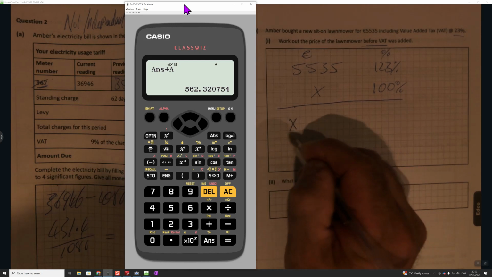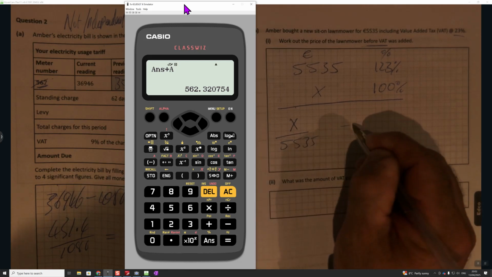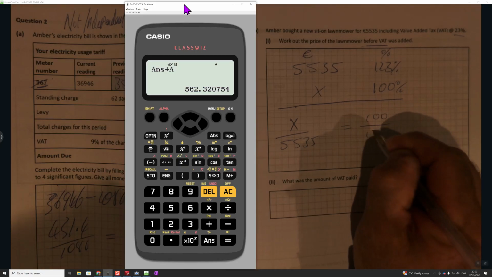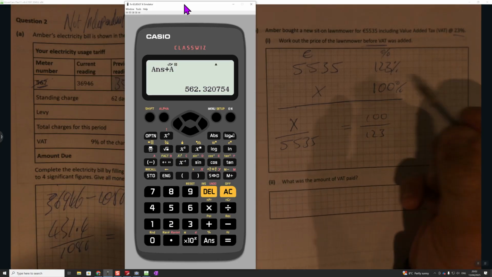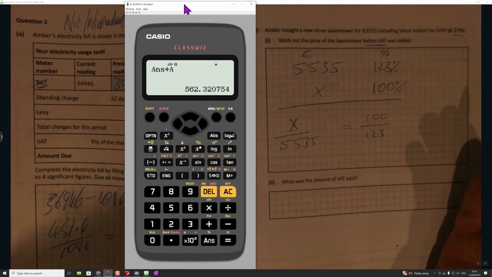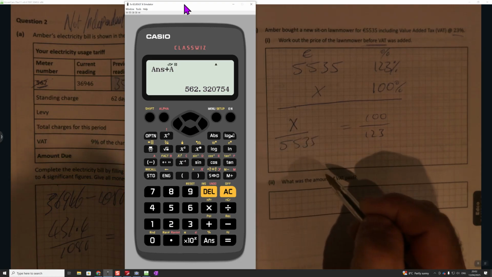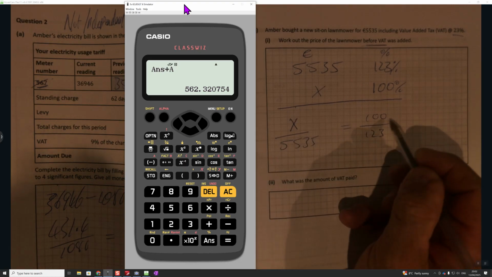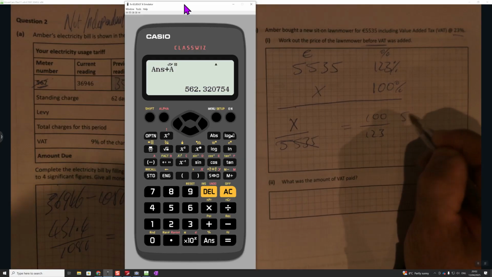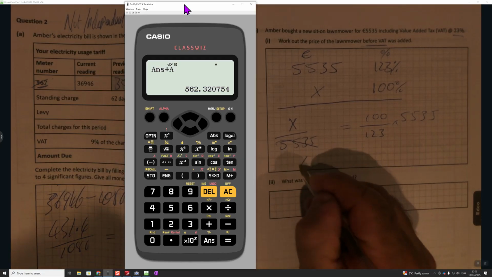So we would have that X over 5535 is the same as 100 over 123. You can also do it as a 1% thing by dividing by 123, but you're calculating values that aren't required then. Here we have our dividing factor can come up, and then we can just calculate this for X.